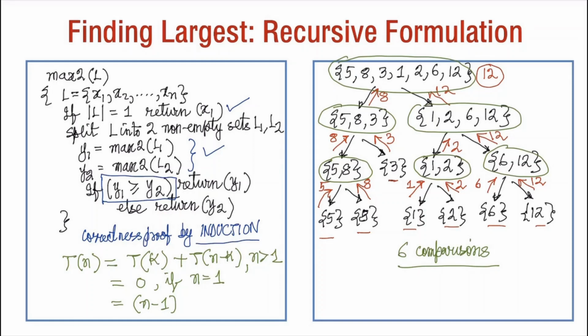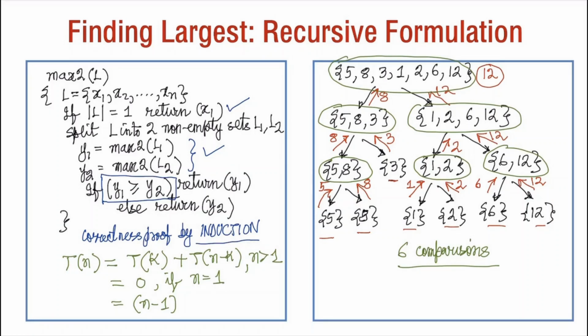This tells us that though we have got so many alternatives to split, we will only get 6 comparisons for these 7 elements, n minus 1 comparisons, and therefore our optimal choice of split could be anything.